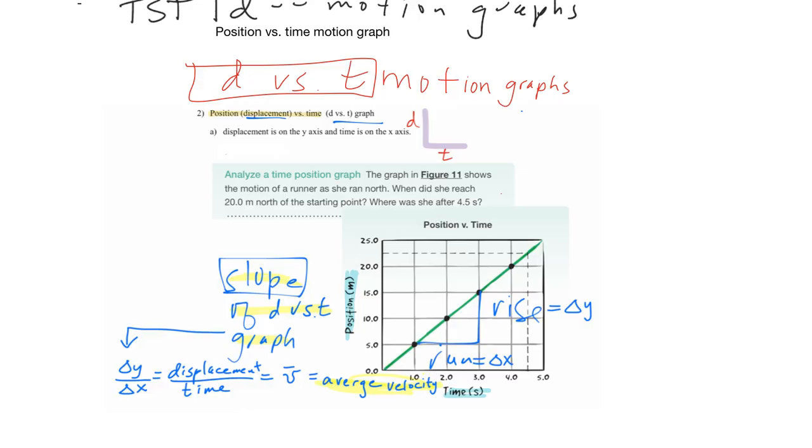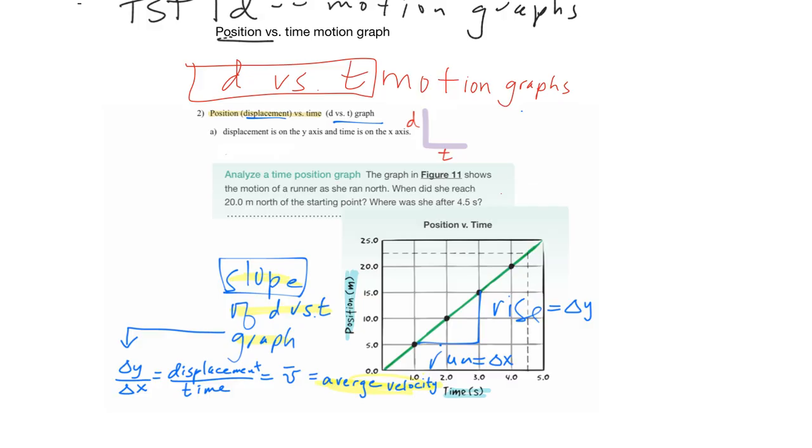Okay, so we visualize motion with different kinds of graphs. The first graph we're going to talk about is a position versus time graph.